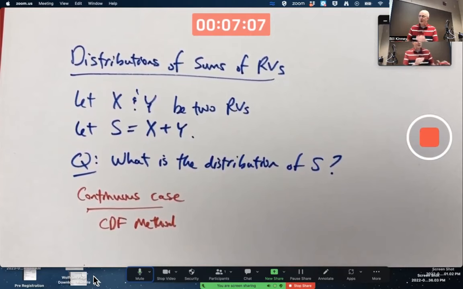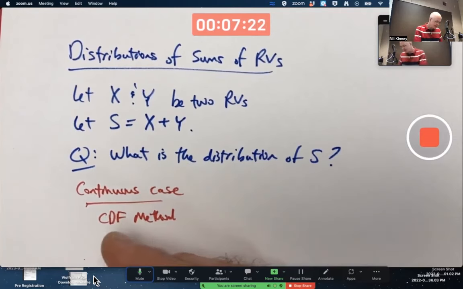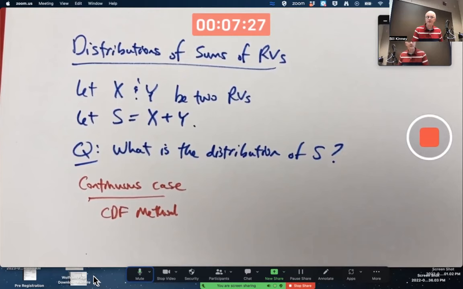They use something called the transformation method at the end of chapter 4 to figure out distributions of transformed random variables or sums, perhaps. I prefer the CDF method. I've shown you that a few times, and I mentioned it in an email yesterday. The CDF method is to first find the CDF of the new random variable and then differentiate it in the continuous case to find the PDF. That's the method.